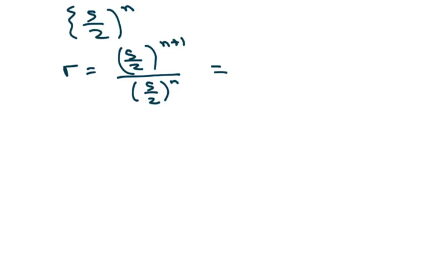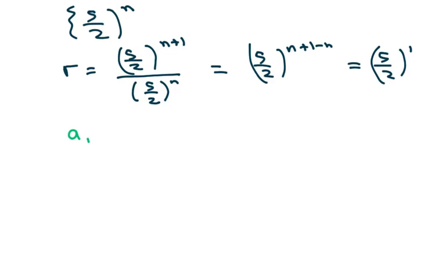And you're going to simplify, and when you do, you get 5 over 2 to the n plus 1 minus n, which equals 5 over 2 to the first power. That's your common ratio, and you just write out your first 4 terms.